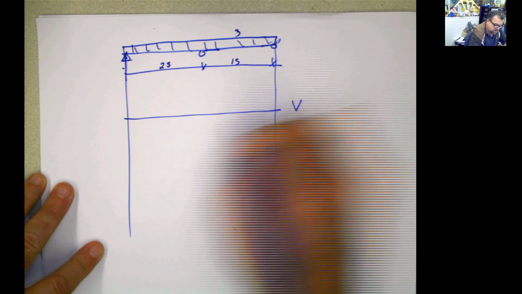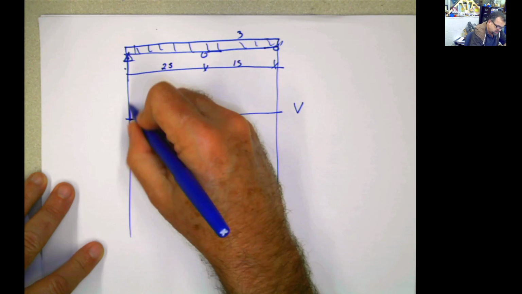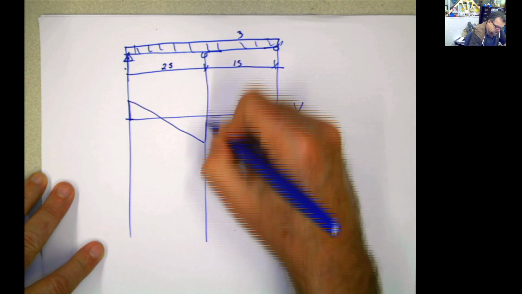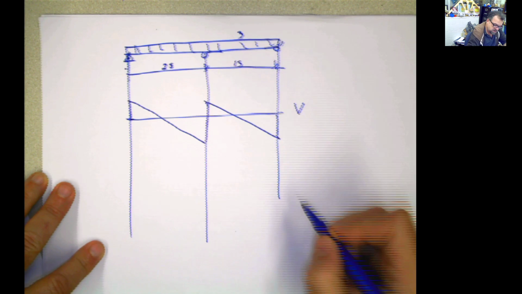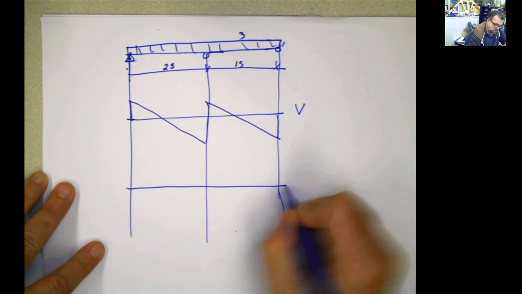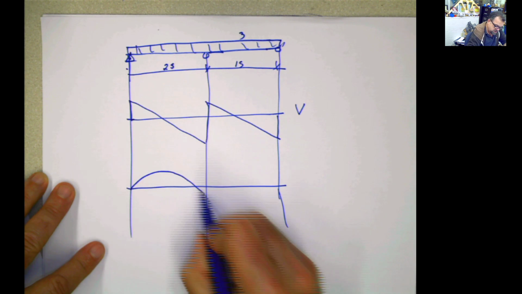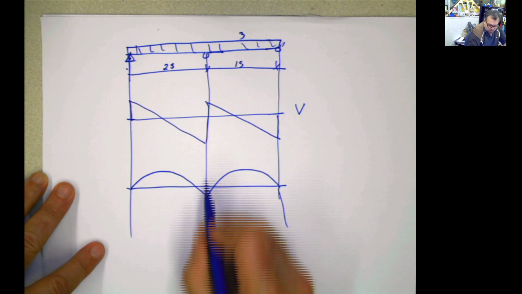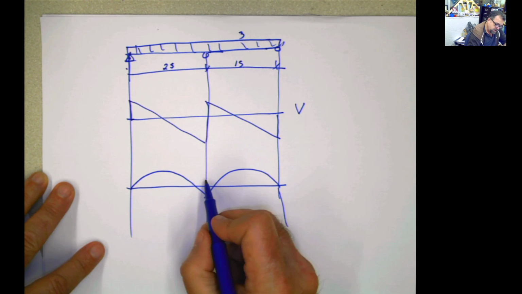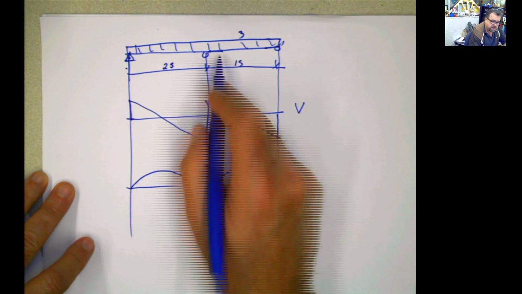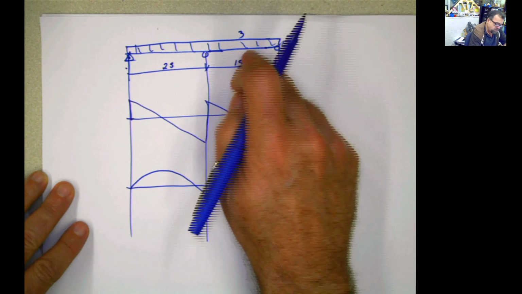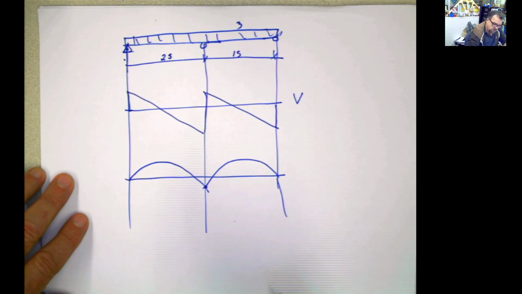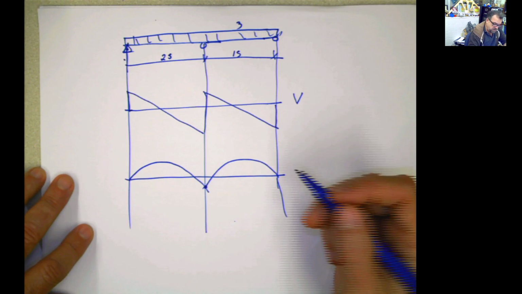The shear diagram is going to come like this, like that, like that, like that. And the moment diagram is always going to be like this, like that. This could go higher or lower, could be even positive, depending on how close these spans are, and especially when you have one small span followed by 2 big spans. But you will get a feeling for that later on.